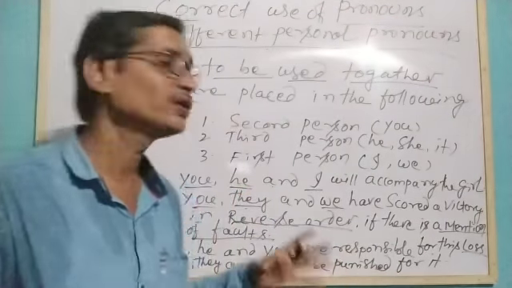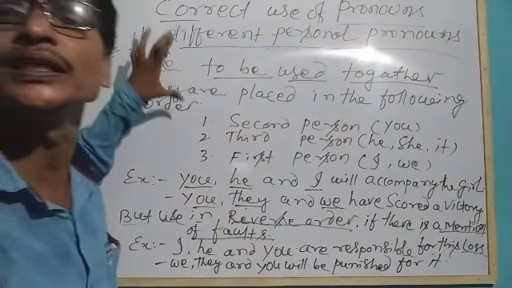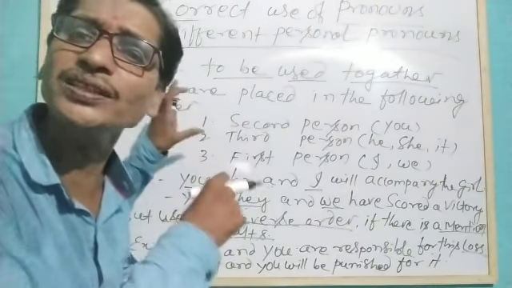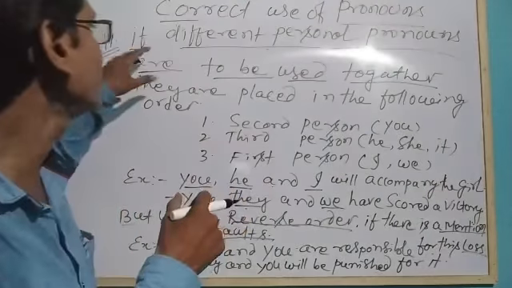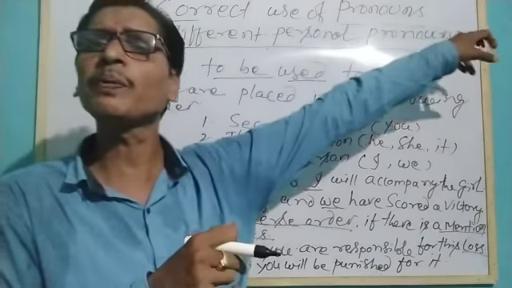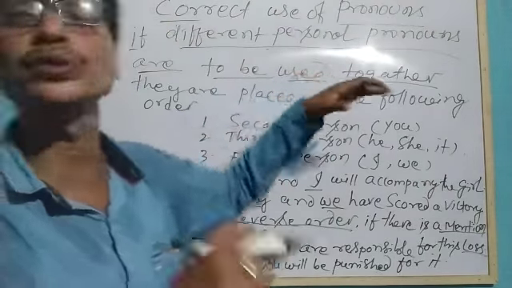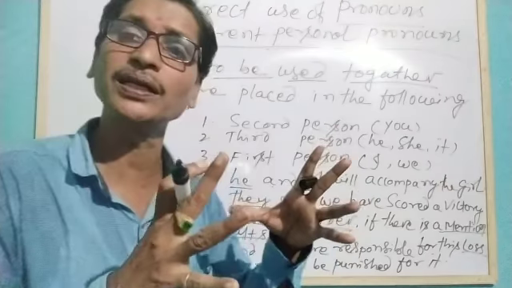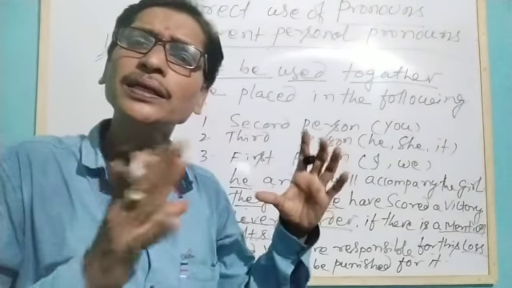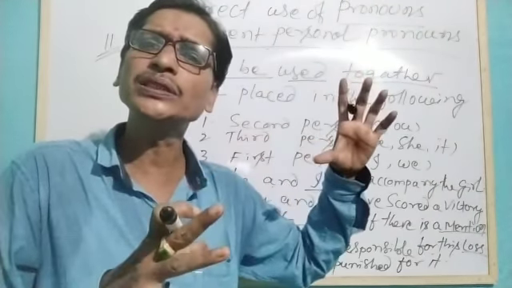Understand? So the instruction over here is that normally if different personal pronouns are to be used together in our statement, we must not forget there is a sequence of using personal pronouns.